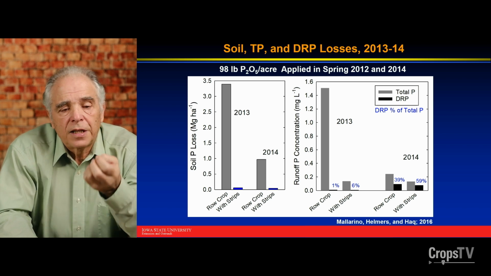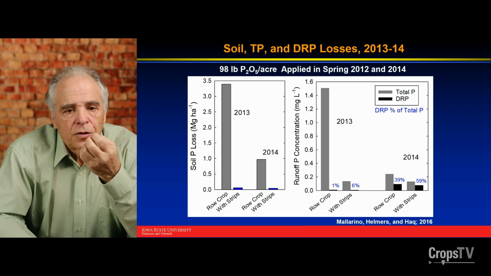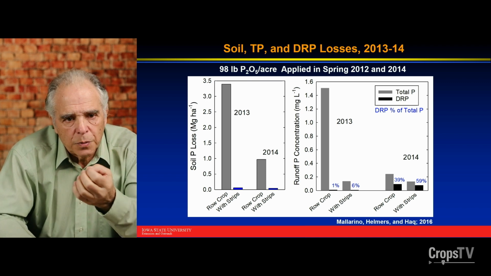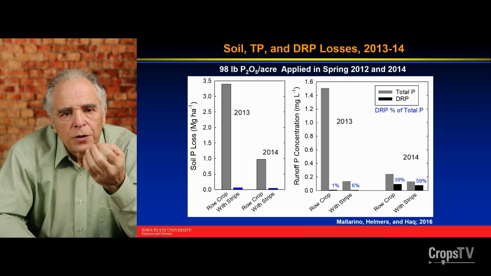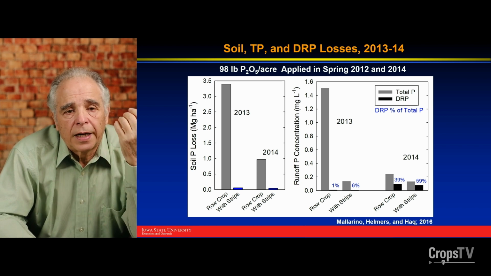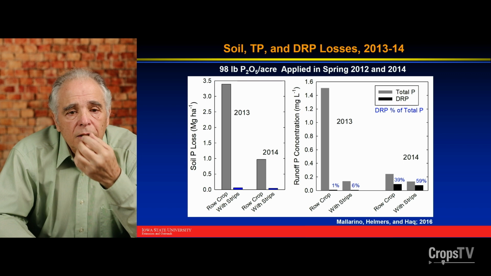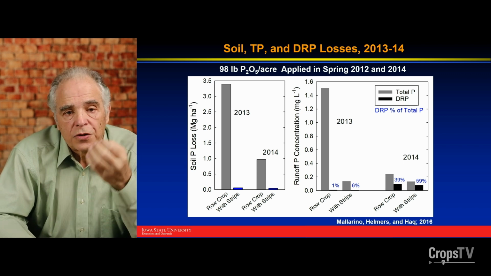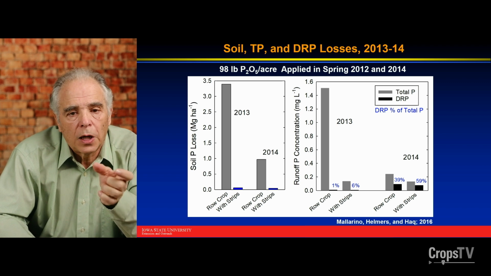And I averaged all the 3 strip treatments because there was no difference between them from this perspective, okay? And you see that in 2013, there were large soil losses, and in 2014, much less. And the strips really cut the soil losses almost to 0. Those are the blue bars.